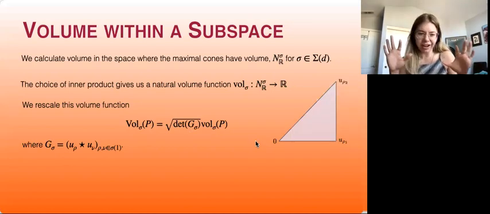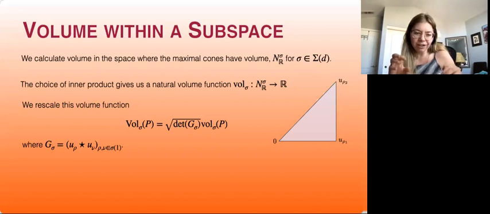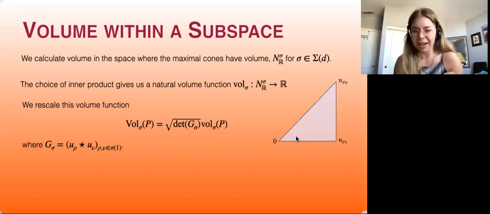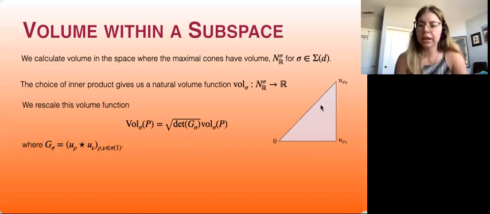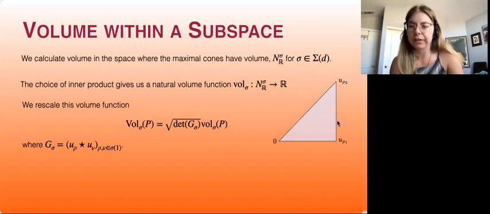Also, another sanity check: any good volume function should have the unit simplex have volume 1. The unit simplex in this space generated by our cone is the cone simplex. By saying unit, I'm requiring the length to be 1. I'm going to take the convex hull of the ray generators at length 1 and 0.